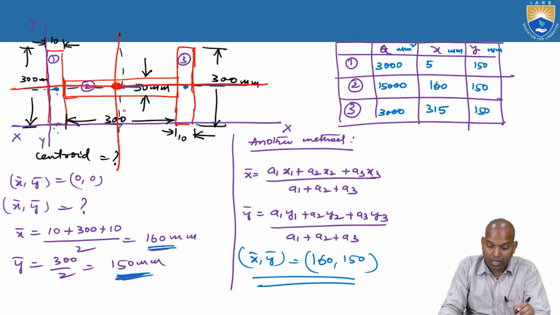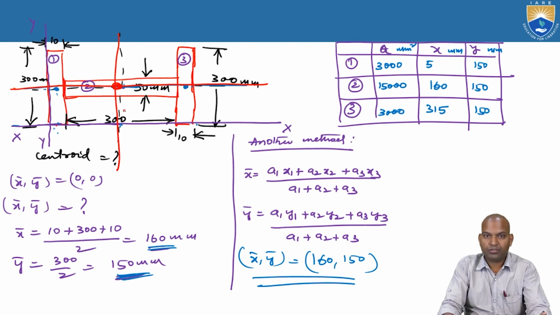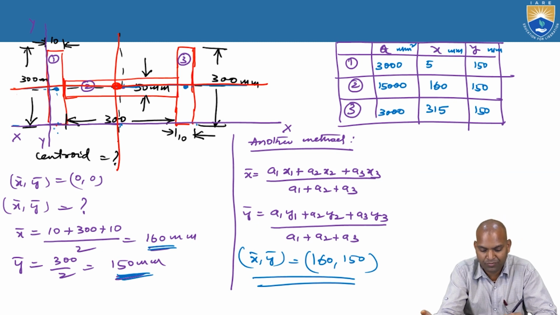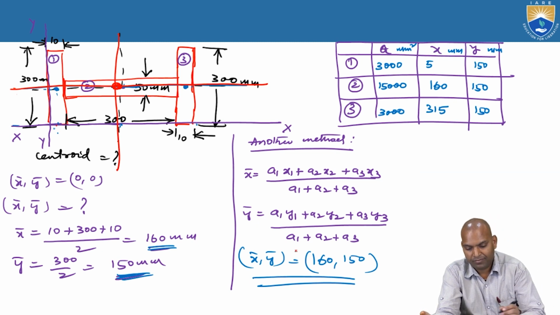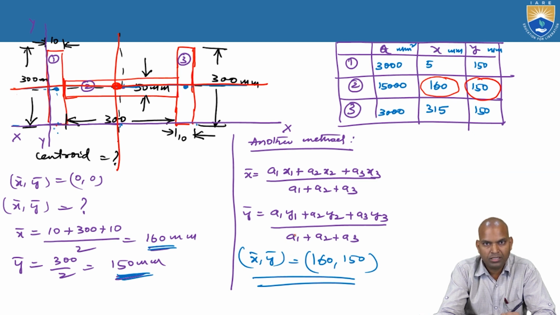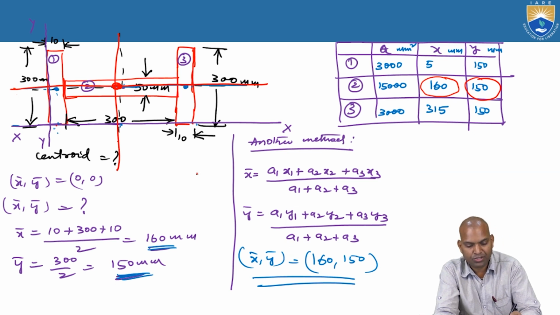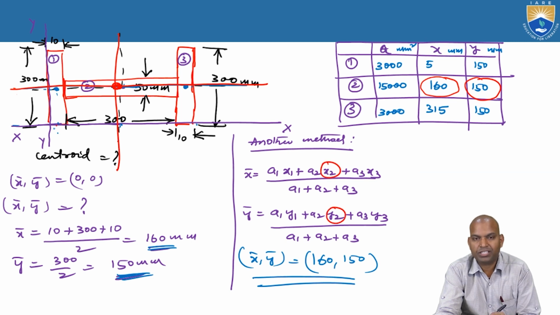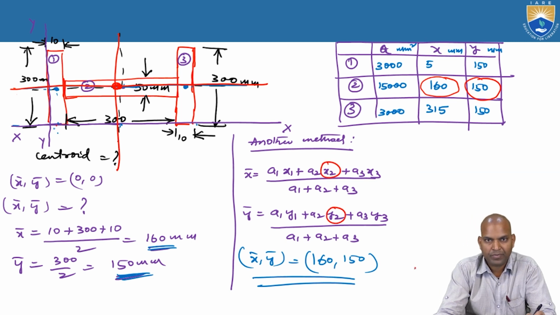Now one observation is that the answers bar x 160 millimeters and bar y 150 millimeters are coinciding with the centroid x2, y2, the coordinate of x2, y2.